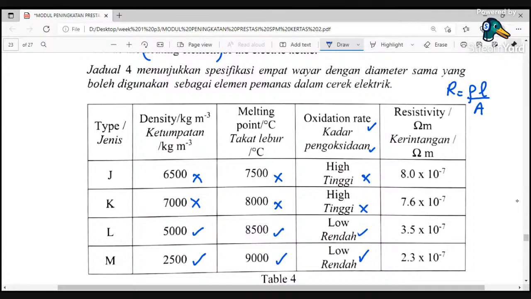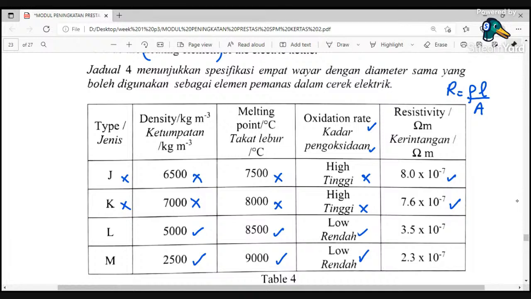Let's choose the third one, and remove the last one, because as you can see, J and K are already out. So we choose between L and M. You look at the values. For L, this one is actually high, but the other properties are already out.